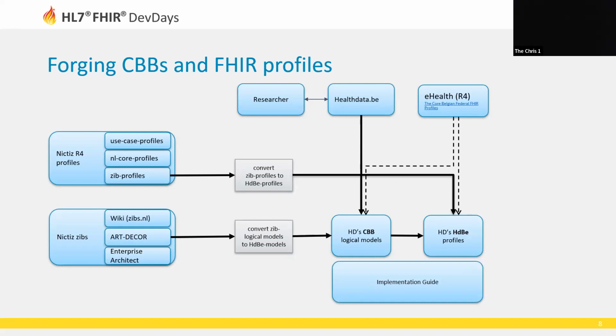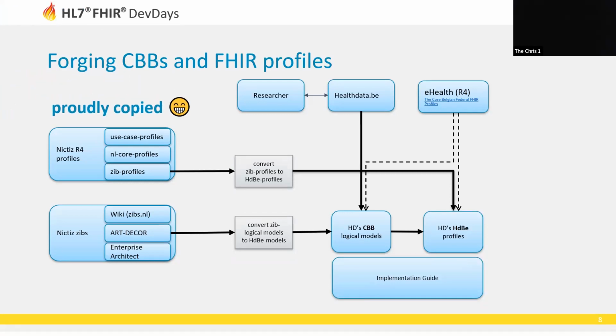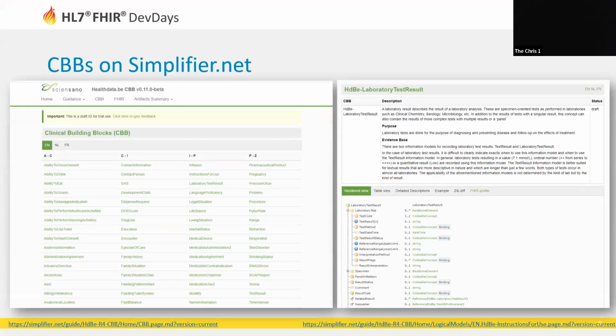So we have those building blocks and the profiles, and then we added everything in an implementation guide, which is hosted on Simplifier, which we see over here. We have a web page where we list all the building blocks on the left side, and every one of those building blocks has a page of its own with, on the right side, a familiar rendering of that building block, which is a logical model.